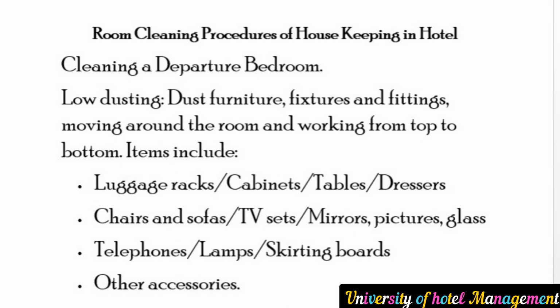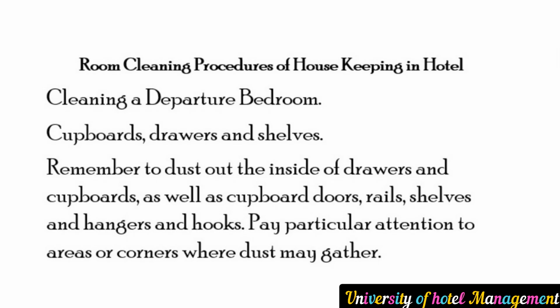shelves. Low dusting. Dust furniture, fixtures and fittings, moving around the room and working from top to bottom. Items include luggage racks, cabinets, tables, dressers, chairs and sofas, TV sets, mirrors, pictures, glass, telephones, lamps, skirting boards, other accessories, cupboards, drawers, and shelves.